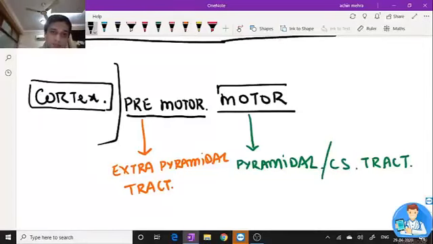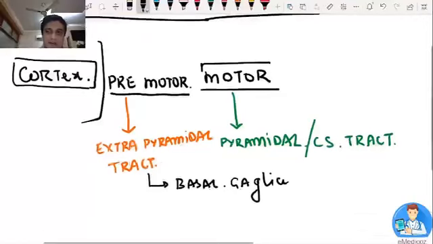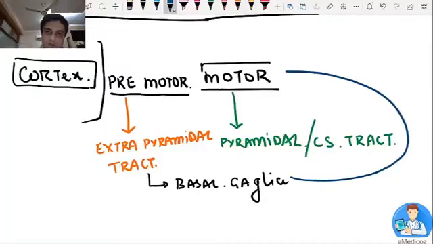It is going to give a signal to the secretary of the brain that is known as the basal ganglia. Remember this. Now the basal ganglia is going to receive a signal from the premotor cortex through the extrapyramidal tract. And now what will happen? It is going to send signals back to the motor area. Two signals will go back to the motor area.